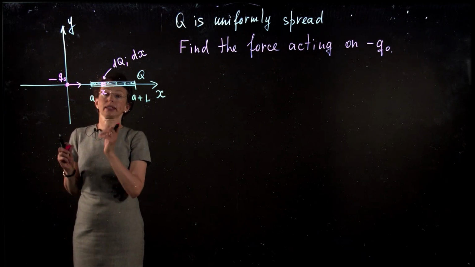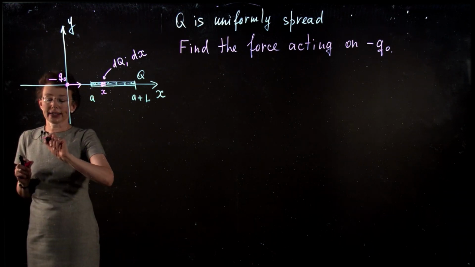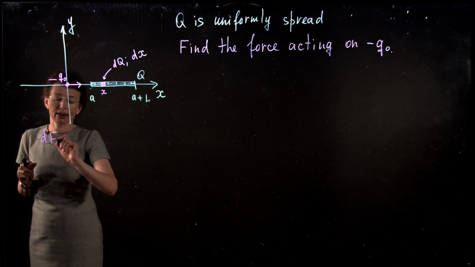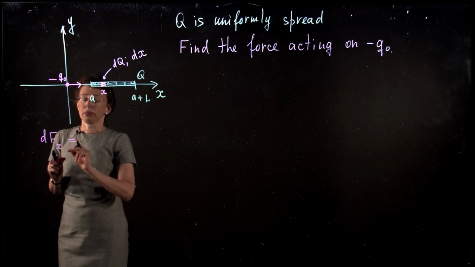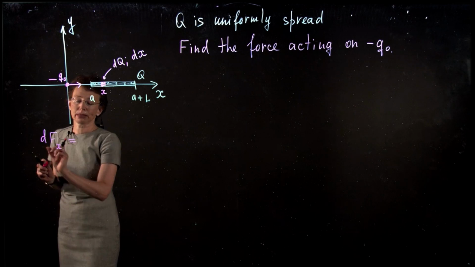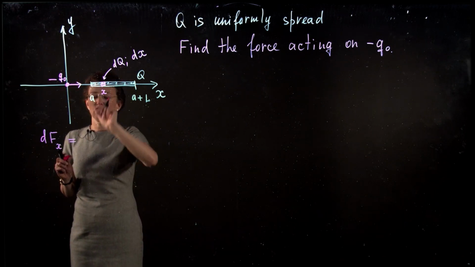It will be x component of this force. So force will be along x, and I write dfx. Why df? Because this is infinitesimally small force created by infinitesimally small charge dq.